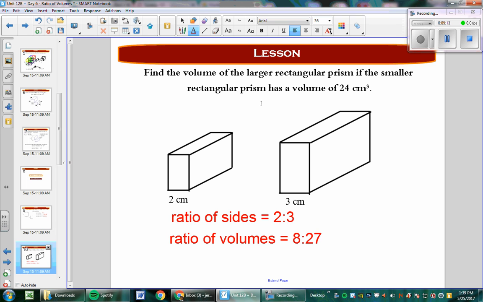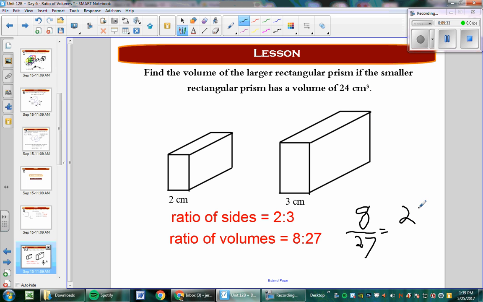Now, we know that the volume of the smaller rectangular prism is 24. So I'm going to come to my pen. I know the ratio of volumes is 8 to 27. And I'm going to set up the smaller one that has 24. So I'm going to do 24 over x.